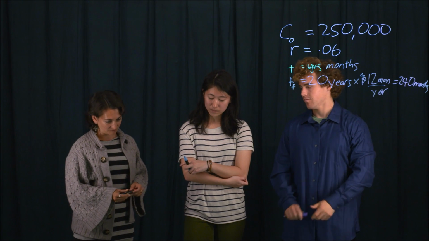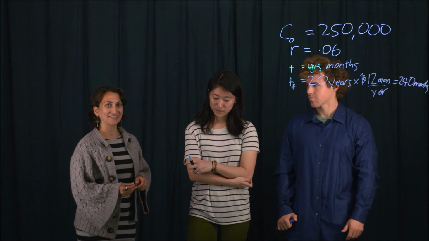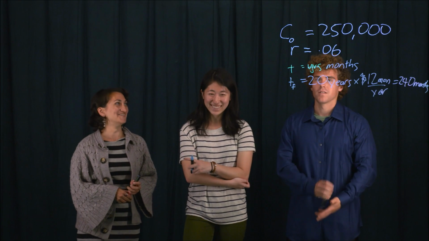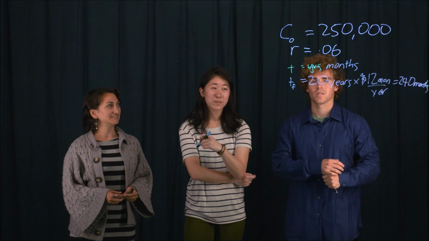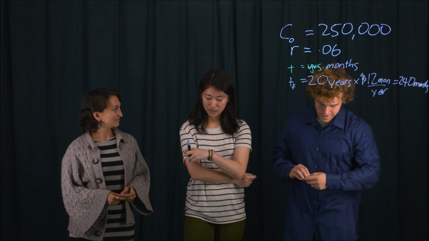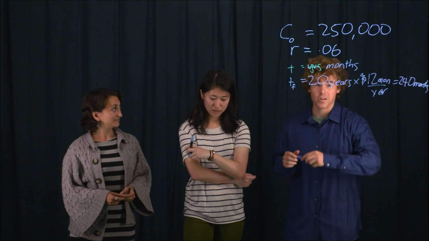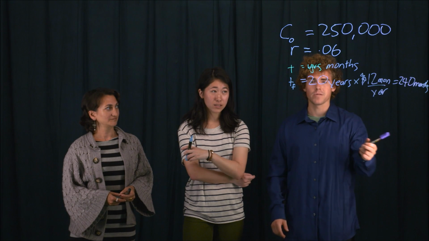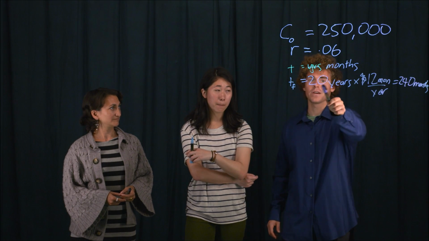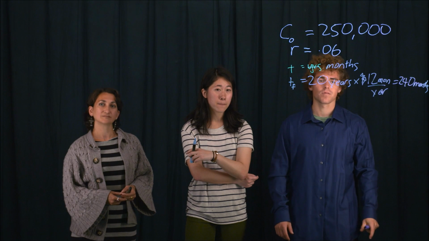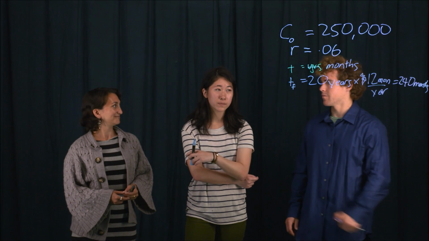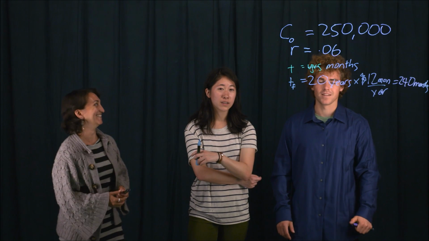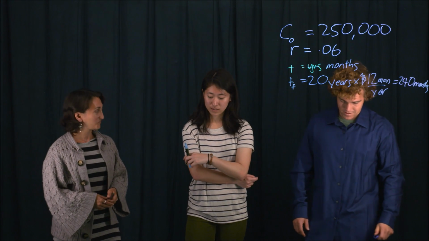Okay, so now we just need an equation. Let me ask you, Emily, what was the thing we're trying to find in this question? We're trying to determine the monthly payment that we have to pay to pay it off in 20 years. And how do you think we can represent the monthly payment in this case?